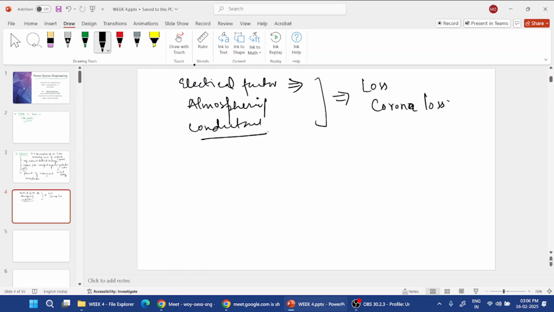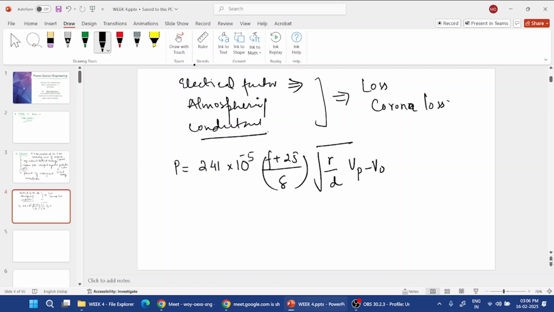and its formula is generally described as 241 into 10 raised to the power minus 5 (f plus 25) divided by delta, under root r by d, (Vp minus Vo) square. It is in kilowatt per kilometer per phase. Delta is the air density correction which relates it to the atmospheric conditions.